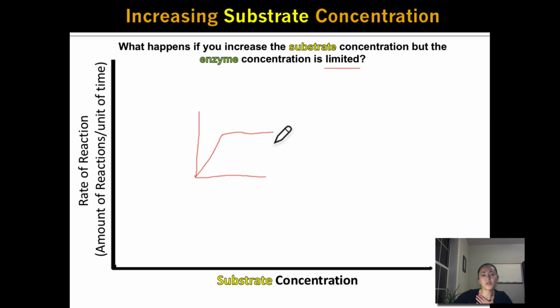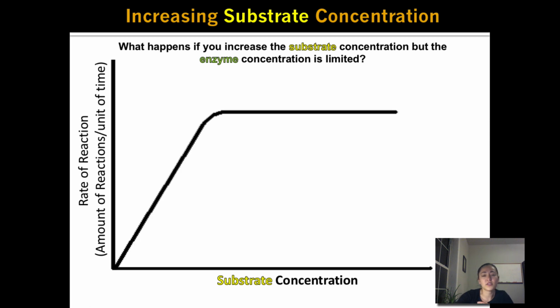The rate's going to increase but then flatten out. If the enzyme wasn't limited, if we had excess enzyme, then the rate of the reaction would continue to increase. But since we're talking about a situation where the enzyme concentration is limited, the rate's going to flatten out.